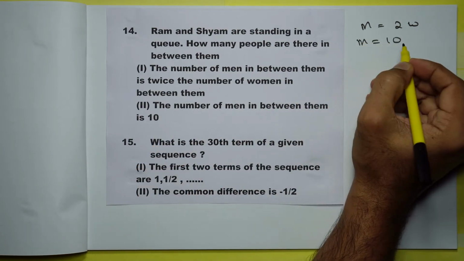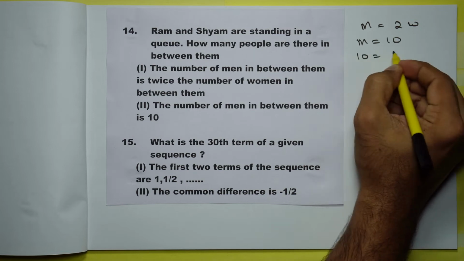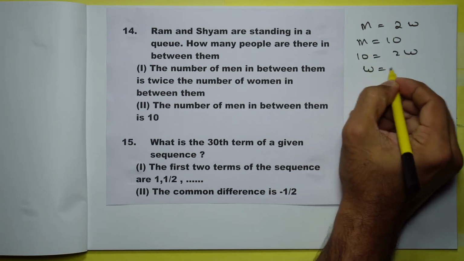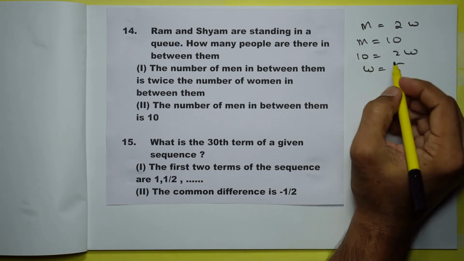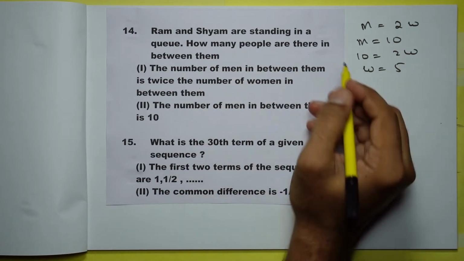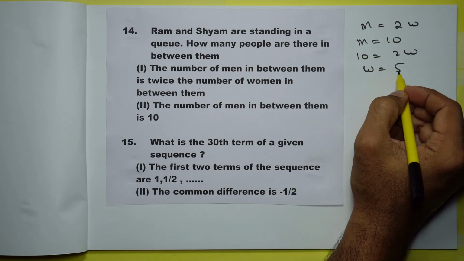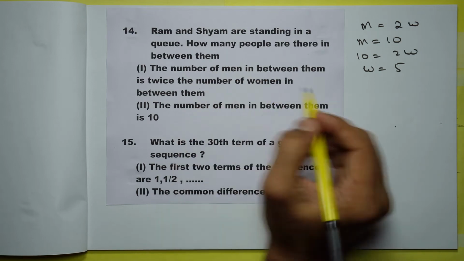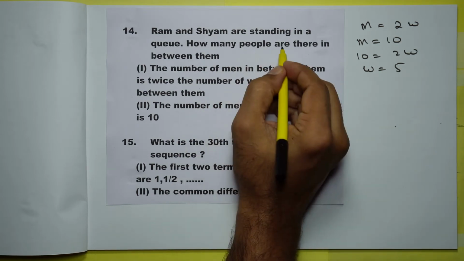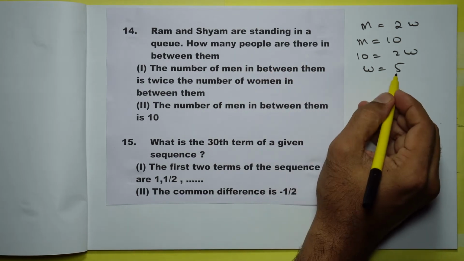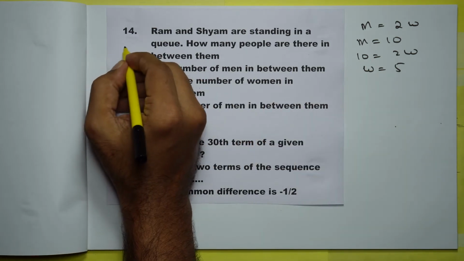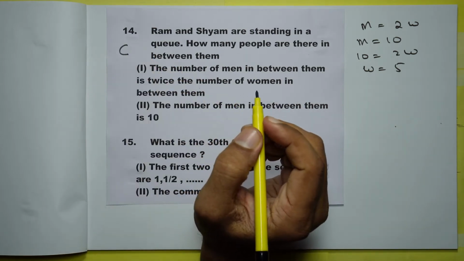M is equal to 10. So 10 is equal to 2W, or W you will get it as 5. So total number of people in between them will be 10 plus 5 is 15. So with both the statements you will get the exact value of the number of people in between them, that is 15. So both the statements are necessary, hence C is the right answer.